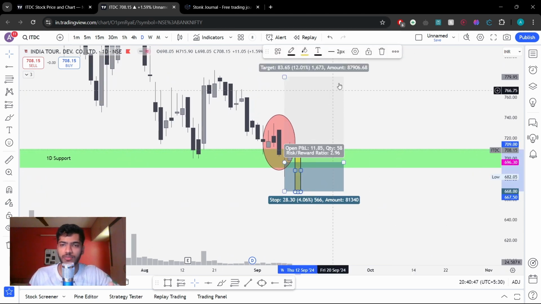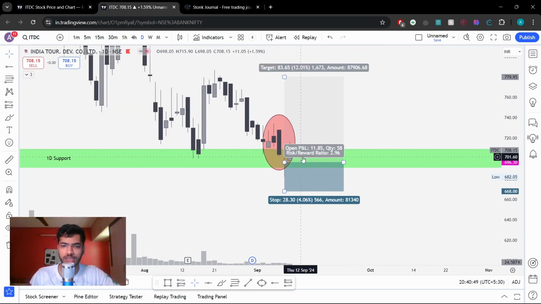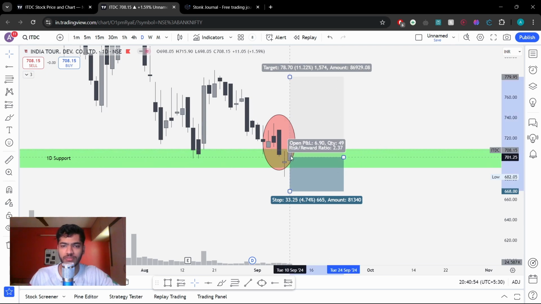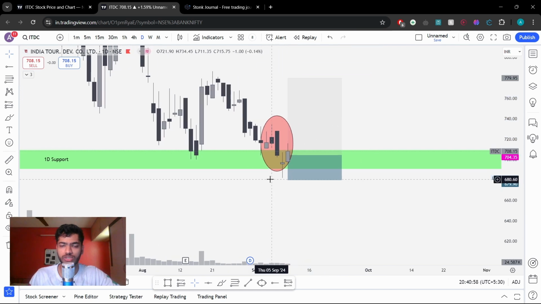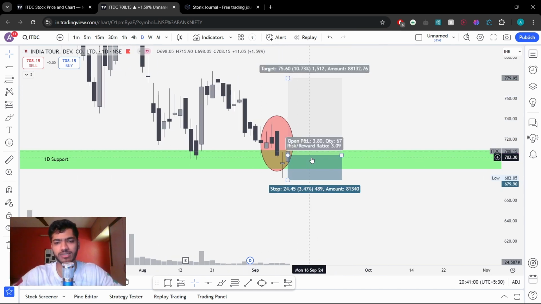So let's talk about the trade. I think I'll add more quantity once this zone breaks. So my average will come something around here, and I'll just trail my SL to the low of the doji. So my SL is quite the same, 24 rupees SL, or 3.5 to 4% SL. I'm calculating on this. So yeah, I'm not targeting big gains.